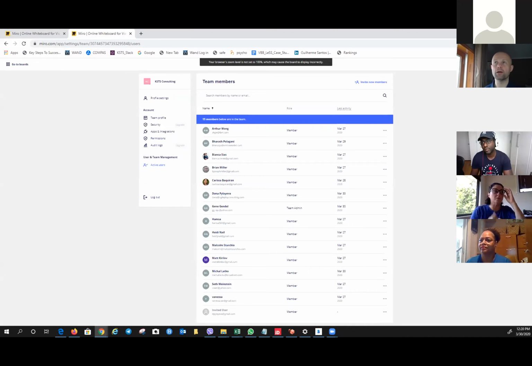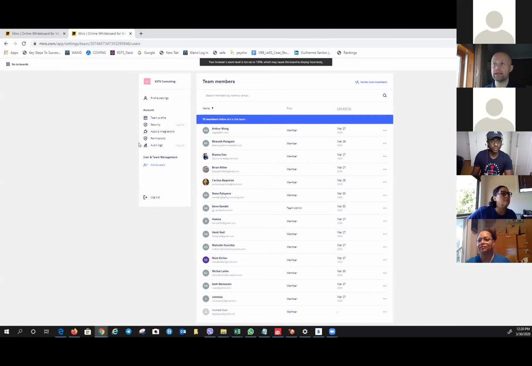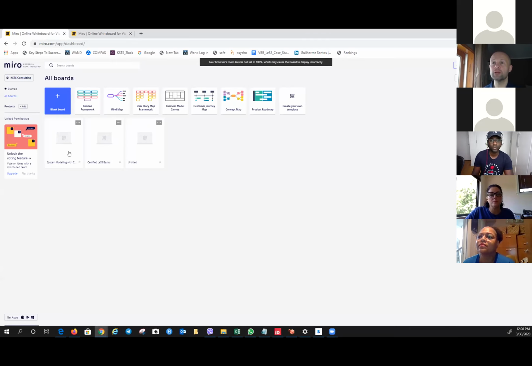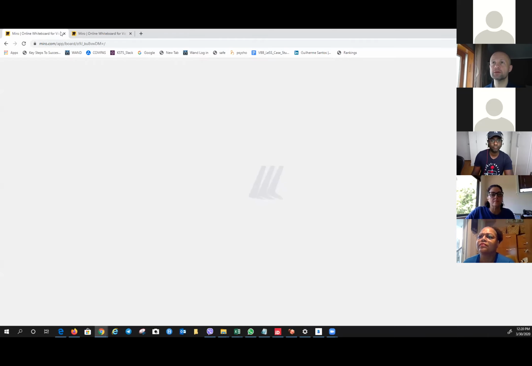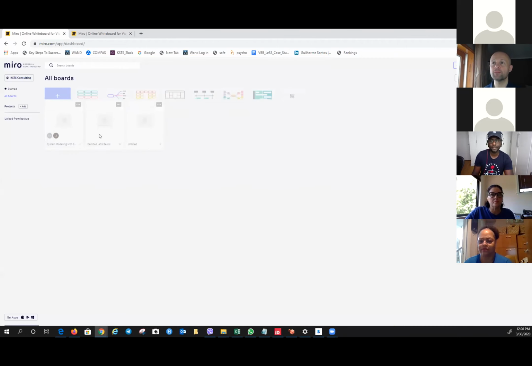If you can go to the specific Miro board and its settings, you can go to the specific board and there's a list of the participants. You can change that. There's a share button there, and you will see all the people.